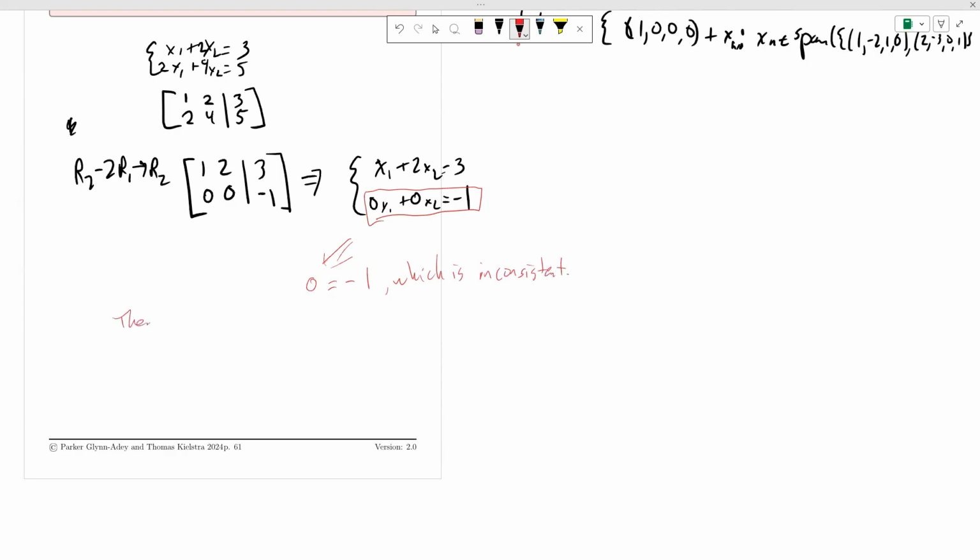Thus, we have no particular solution, or therefore there is no general solution.